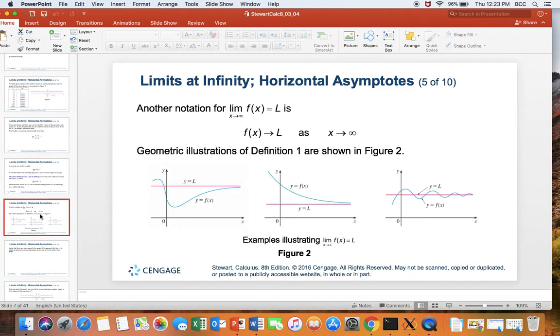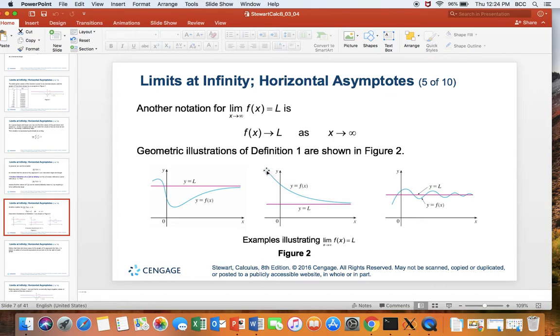Here are some examples. Here is your function f in blue, and that is L. So f was doing whatever it was doing, it continues to do whatever, but after some point, it starts getting close to L. Here is another example. This is probably something you're familiar with.